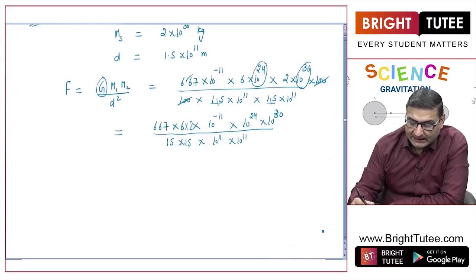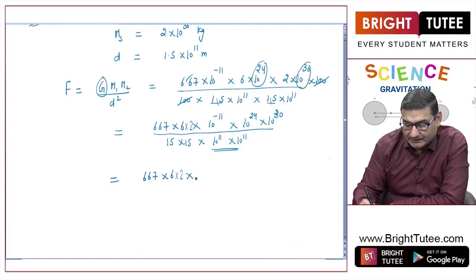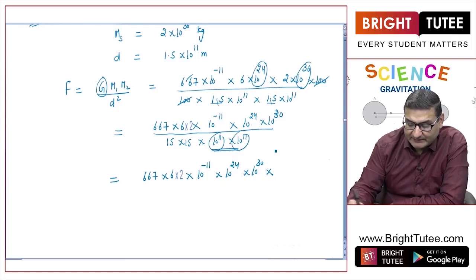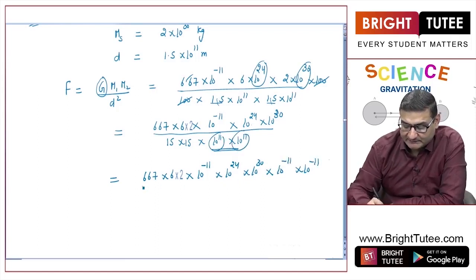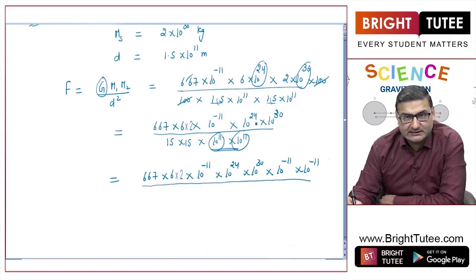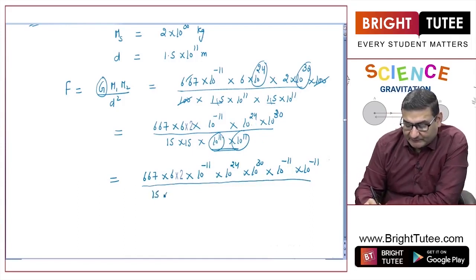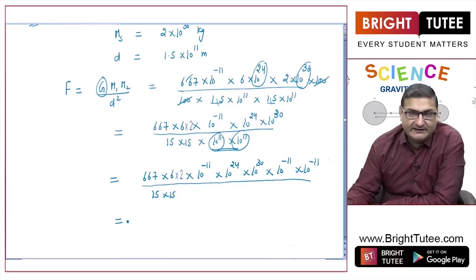Now, I will take these 10 powers in the numerator, keeping the numeric value the same: 667 into 6 into 2 multiply by 10 to the power minus 11 into 10 to the power 24 into 10 to the power 30. When these powers go up, they become 10 to the power minus 11, again 10 to the power minus 11. This concept we already know: whenever the 10 powers are raised up in the numerator, they become inverse, divided by 15 multiply by 15.